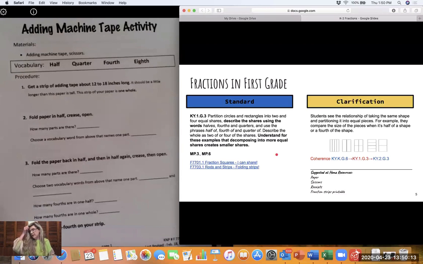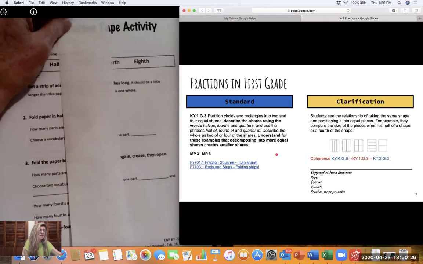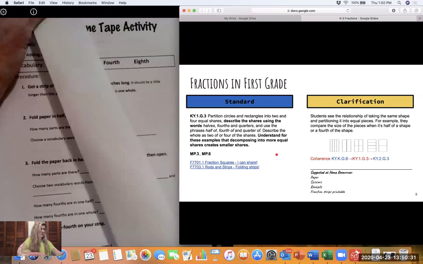And of course, adding machine tape may not be readily available at homes, but we can. I mean, think about it. Adding machine tape is just a receipt. So parents probably have receipts that they could use for this.